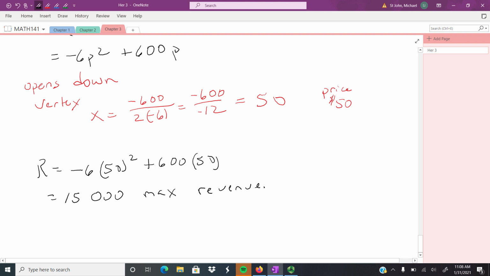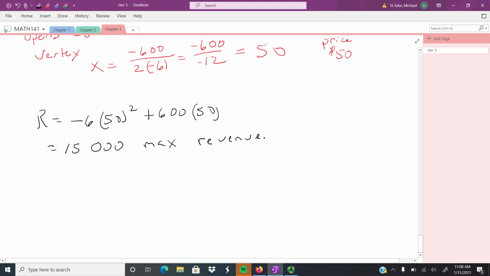Okay. And then we can figure out how many units were sold. The number of units sold will be given by the revenue divided by the price, and so there were 300 units sold.